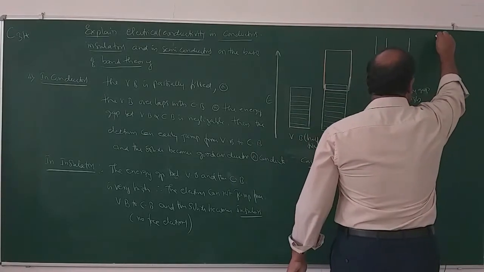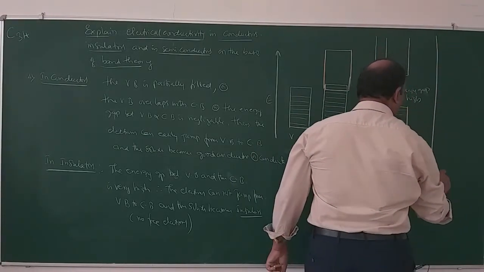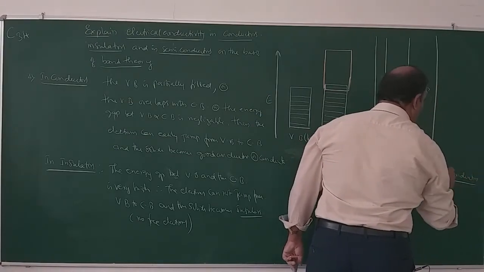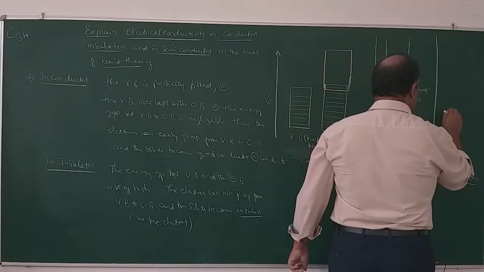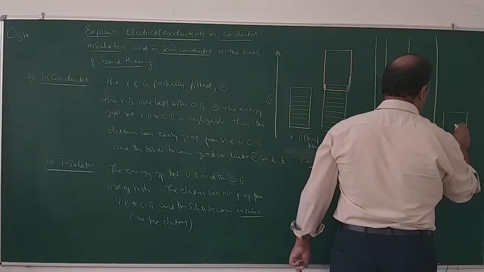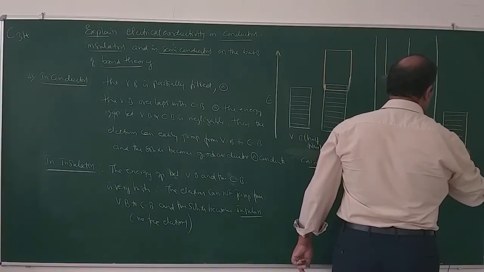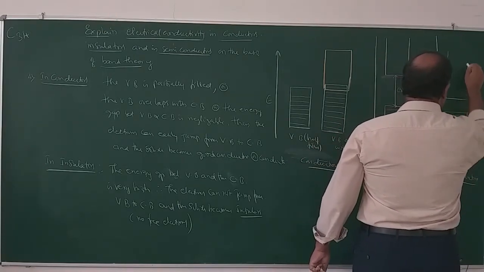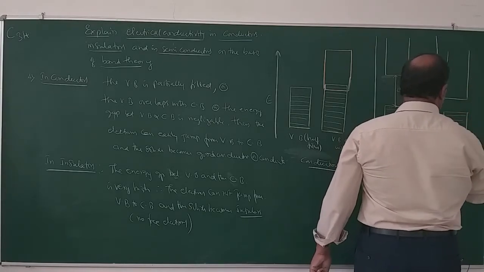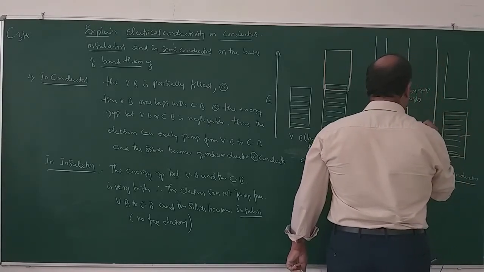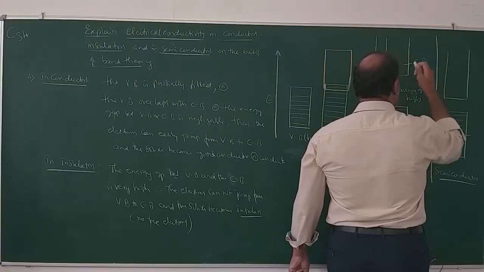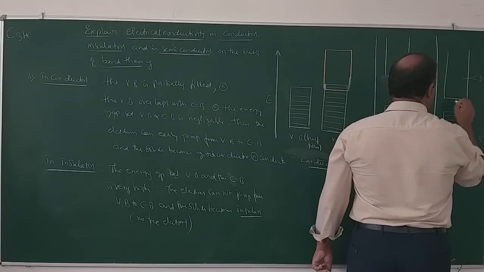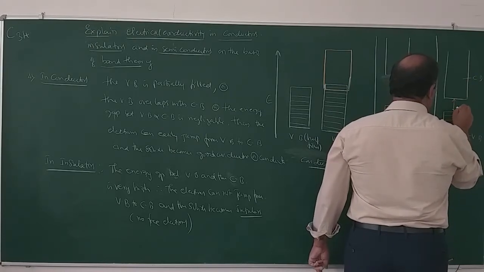And then coming to semiconductors. In semiconductors, this is the valence band, which is highly occupied by electrons, and this one is the conduction band. So the energy gap is less.